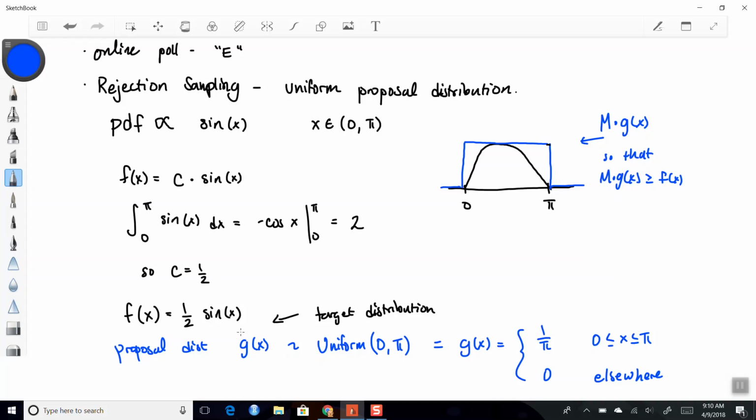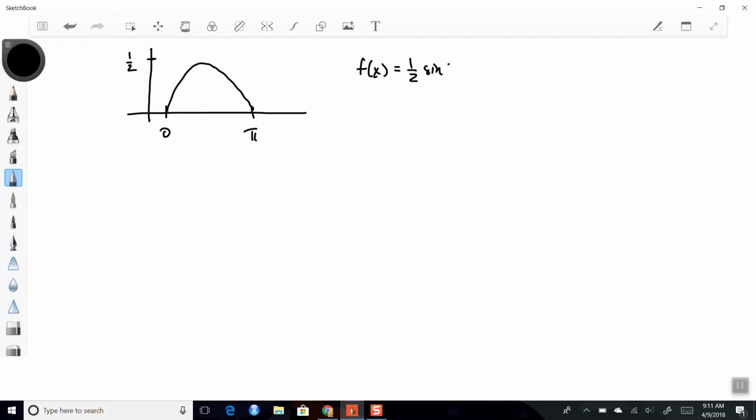So the max value, and let me go to the next slide here. We're going from 0 to pi, and it goes like this, all right? So if f of x is equal to 1/2 sine of x, the max value of f of x is equal to 1/2. I'm kind of doing your homework for you, but that's okay. All right.